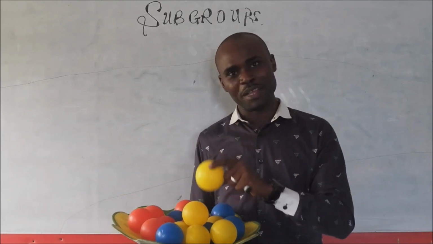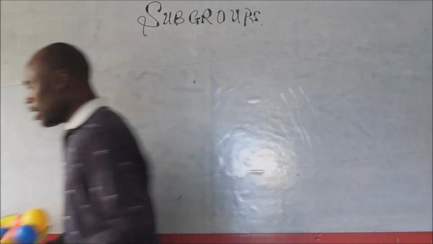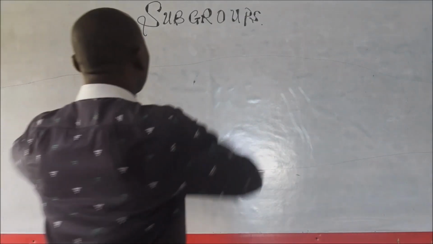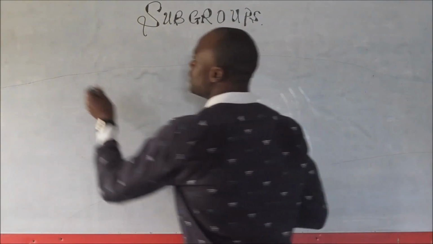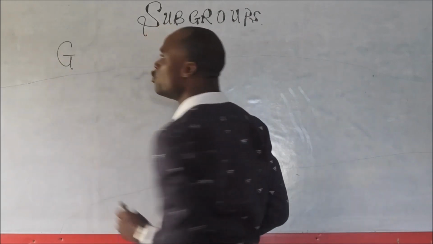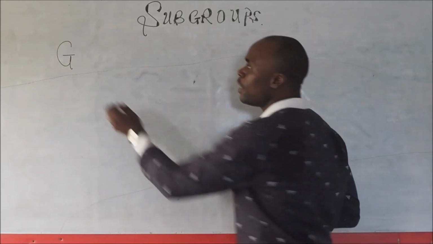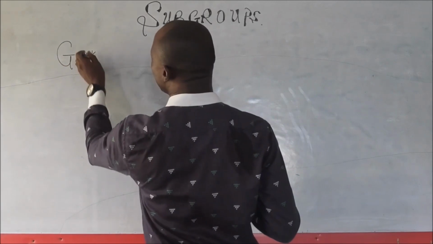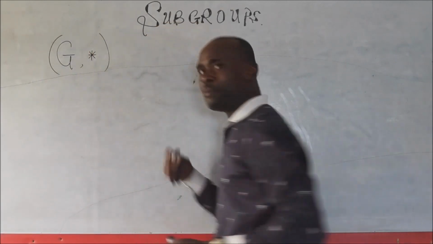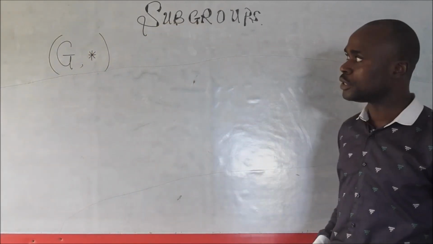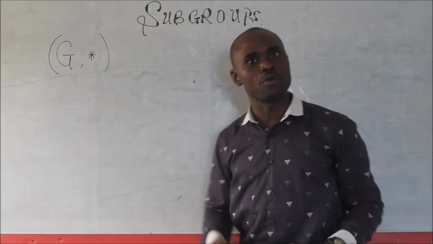So what is the subgroup mathematically? Okay, now the first thing to note is that we must have a group G. I remember we talked about the group G and a binary operation in my last video, and I gave examples. Now, what is a subgroup?